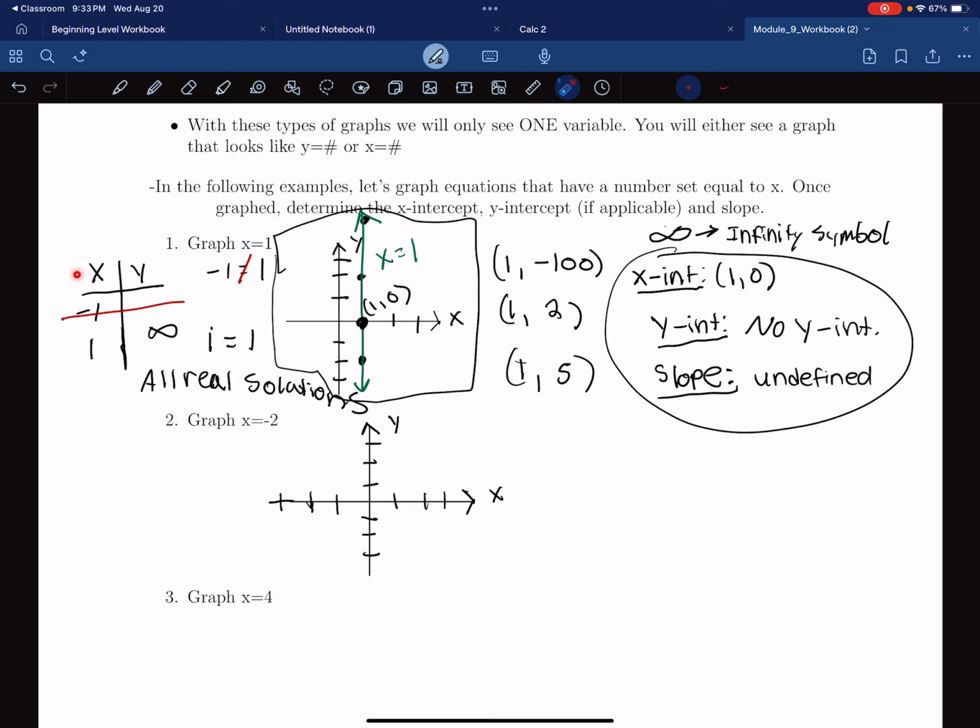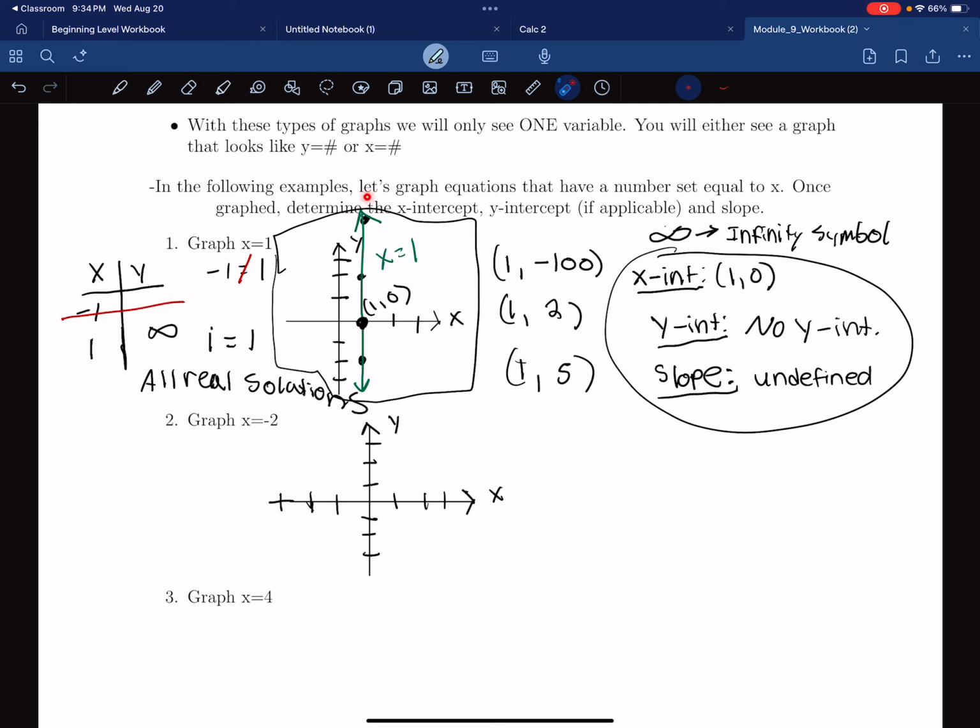If we were to create an XY table like this and plug in the values, if we were to plug in the value x equals 5, is that a true statement? Does 5 equal -2? It does not, right? But if we plugged in -2 for the value of x, well, -2 does equal -2. So we get another case where we get all real solutions and y has an infinite number of values that it can take on.